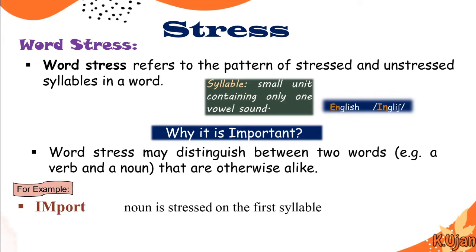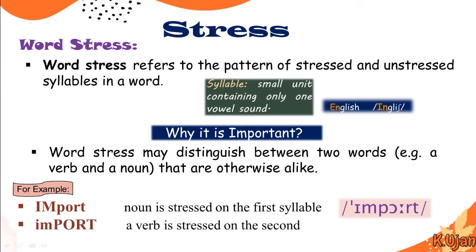Import is a noun. How do we recognize it? Because we are putting emphasis or stress on the first part of the word, im. As this symbol is given there, the symbol of stress, we are putting emphasis on the first syllable in this word, and this is known as a noun. The same word as a verb, we put stress on the second part, import. Import as a verb here.